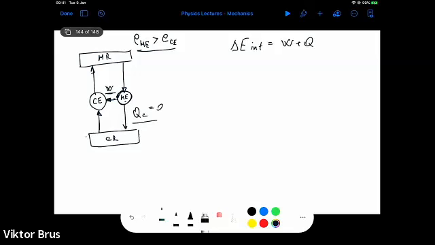But empirically, no engine has even close to 100% performance, and that is shown very well with Carnot engine, because its performance, which is the highest possible and still cannot be reached, is already much lower than 100%, would be like 30%, depending on the temperature of cold and hot environment.